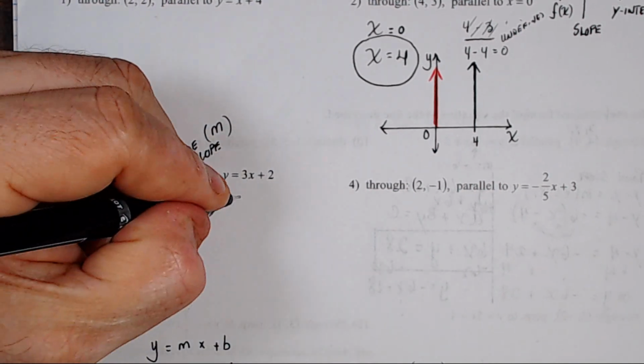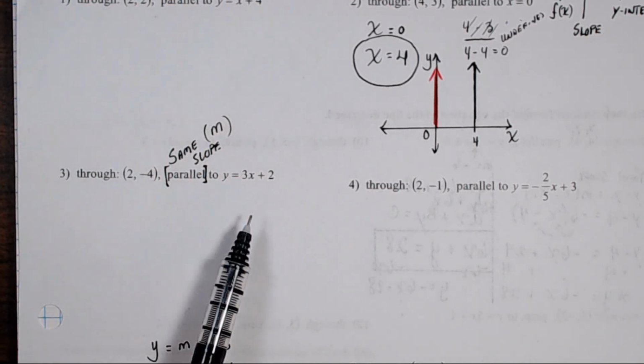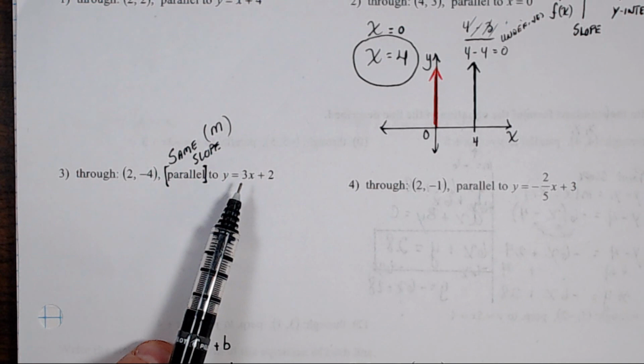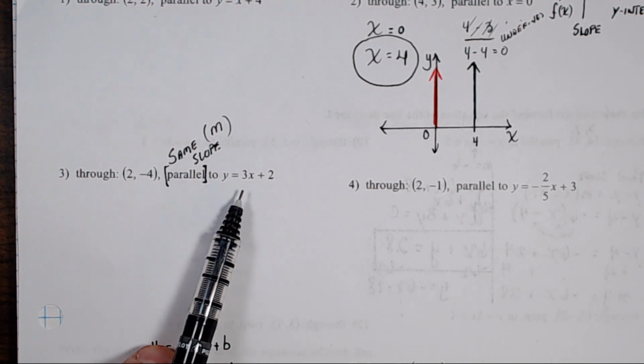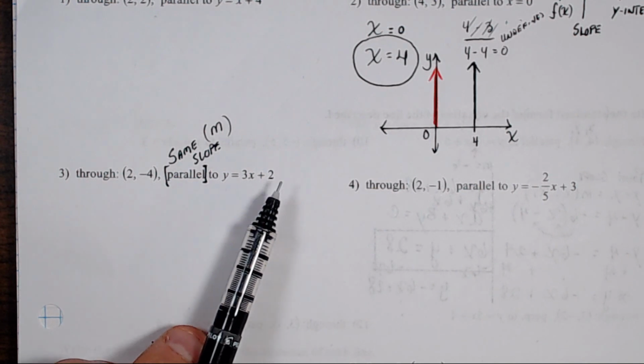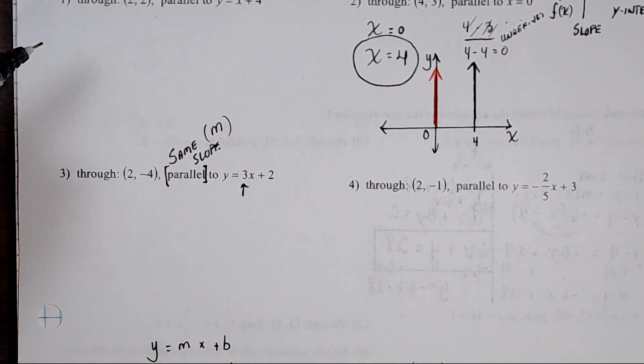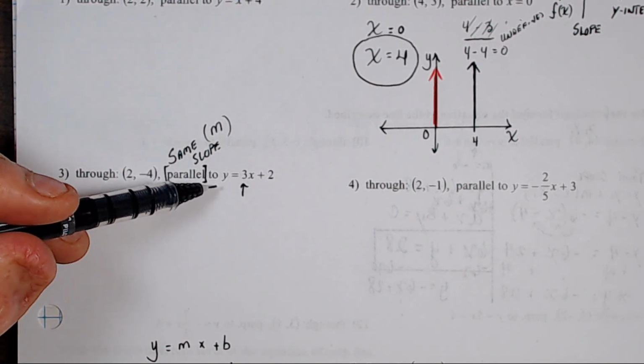So first things first, let's identify what the slope is for the line that we're given. What is the slope for the line that we're given? 3? Y equals 3x plus 2. That's very good. That's the equation of the line that we're given.